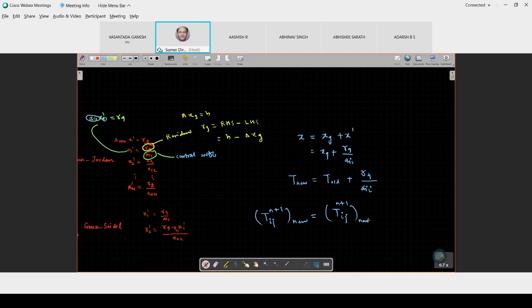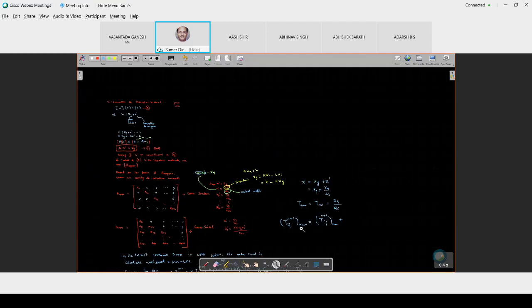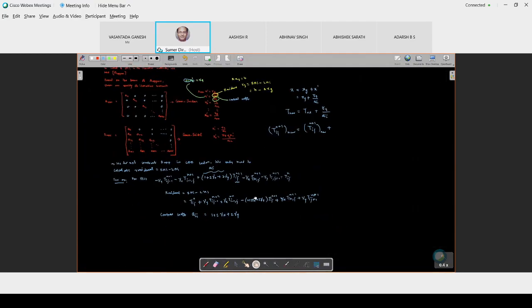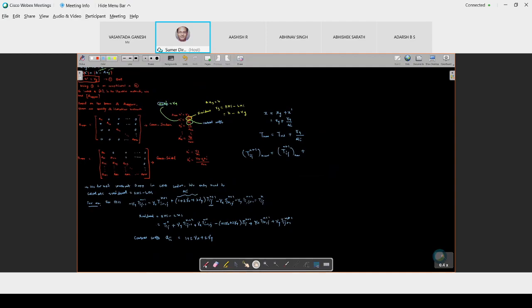So I'm writing T new plus whatever your rij is. This rij is over the obtained value, this whole value rij, divided by 1 plus 2 gamma x plus 2 gamma y. This will keep on giving you the solution.